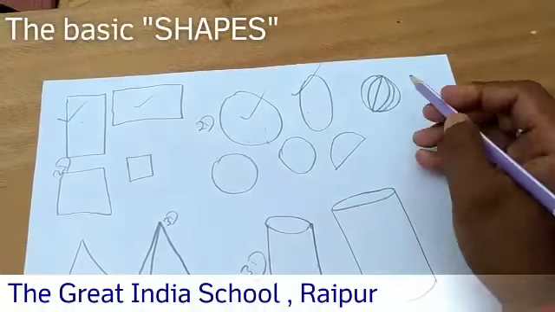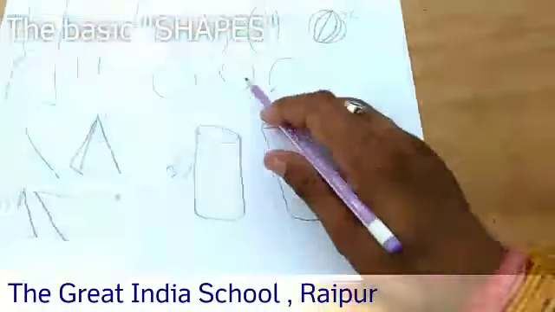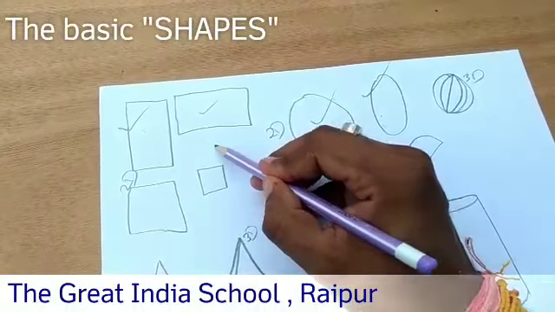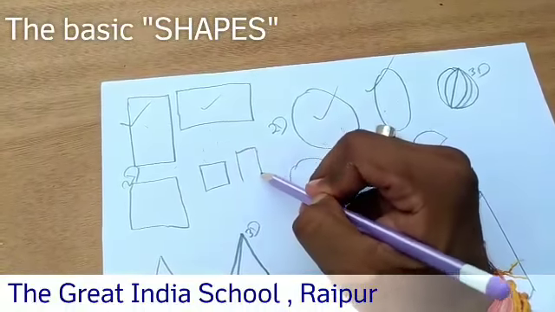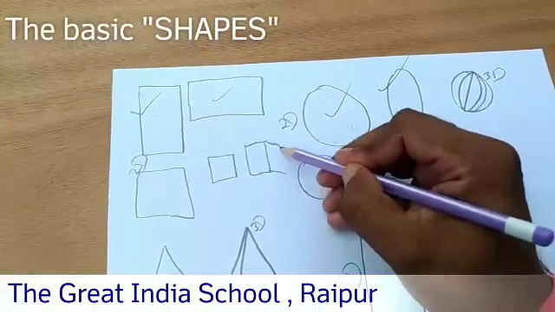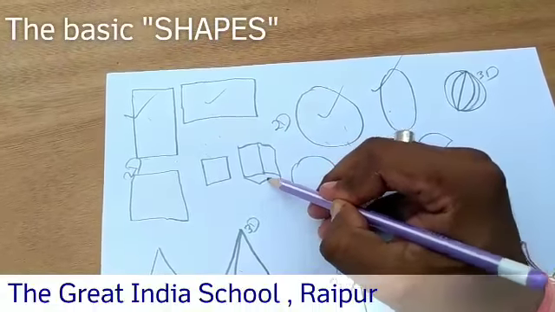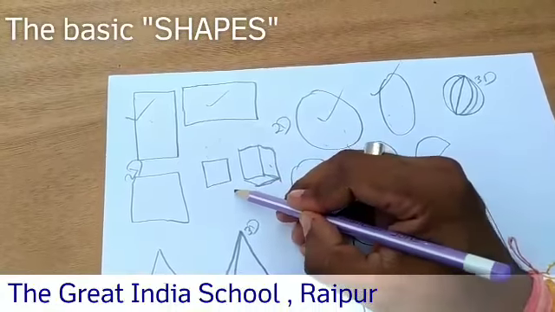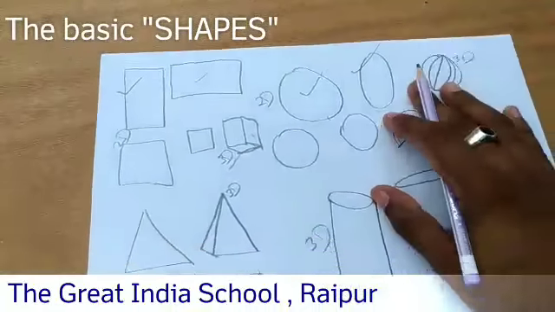It will seem like a 3D shape. In the rectangle, we can also make a 3D form like that, extruding two shapes like that. See, this is a 3D form. See, this is simple.